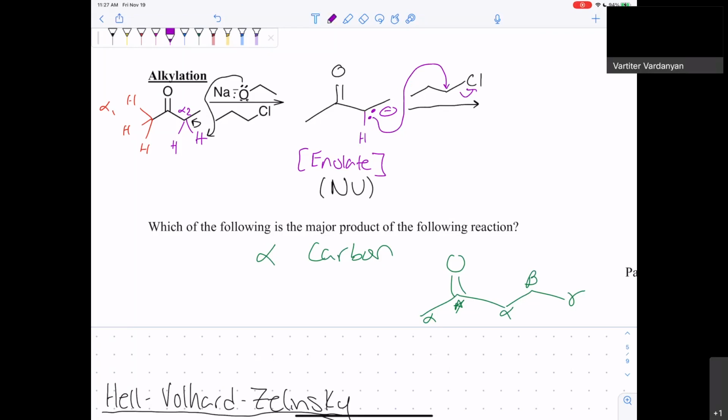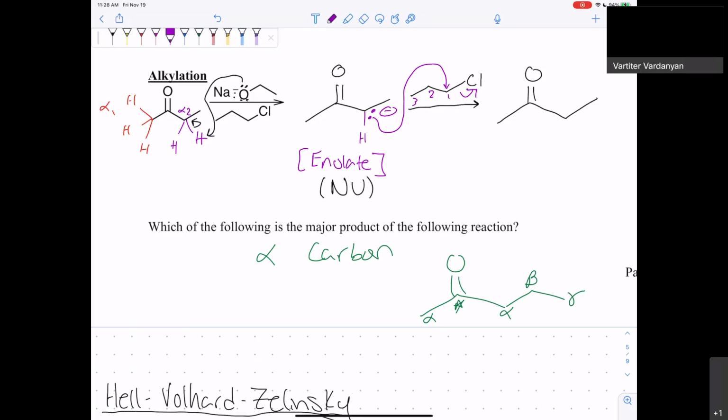And again, this is one of those times where I say, count your carbons. You have 1, 2, 3. So if we have a 3-carbon chain that we're adding, what's the name of the group we're adding? A propyl chain. Dang, I'm so proud. Okay.